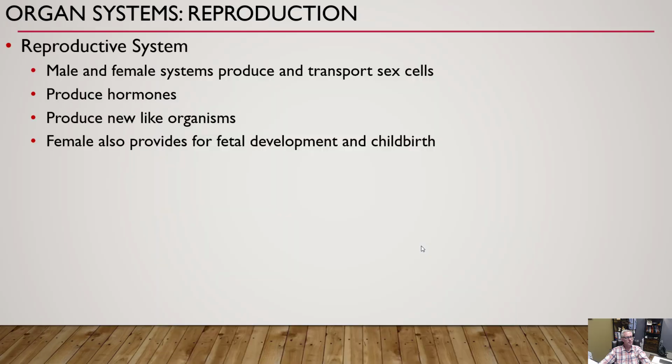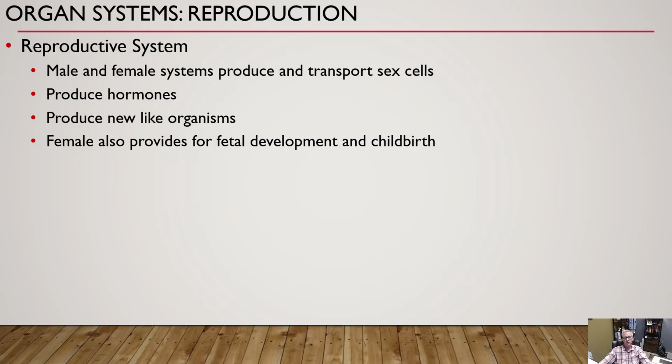All right, reproductive system. This will be the very last chapter we cover in AMP2. We have male and female reproductive systems that produce and transport sex cells. We produce hormones, we produce orgasms, and then also females provide fetal development, childbirth.